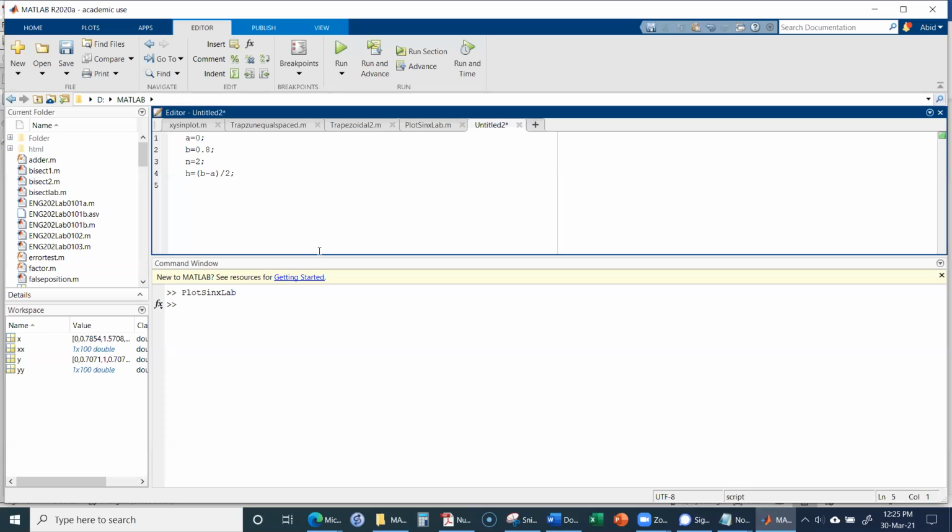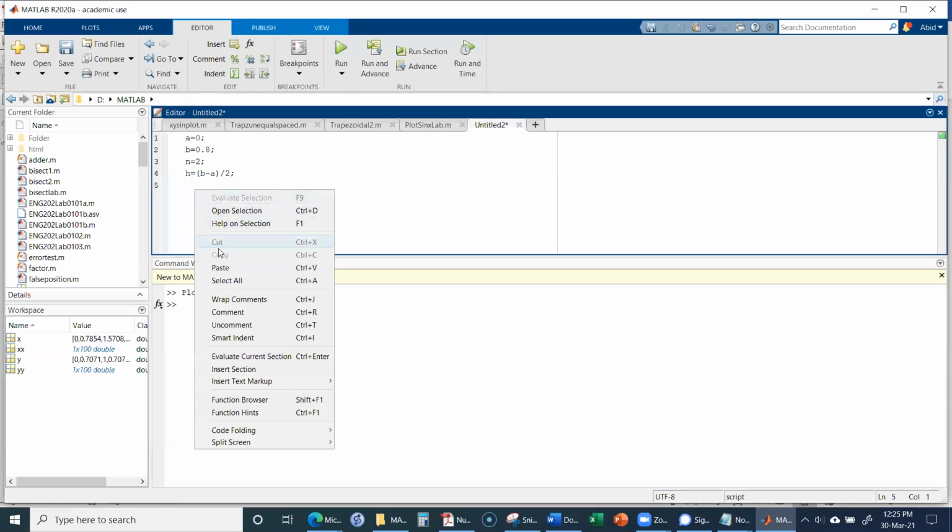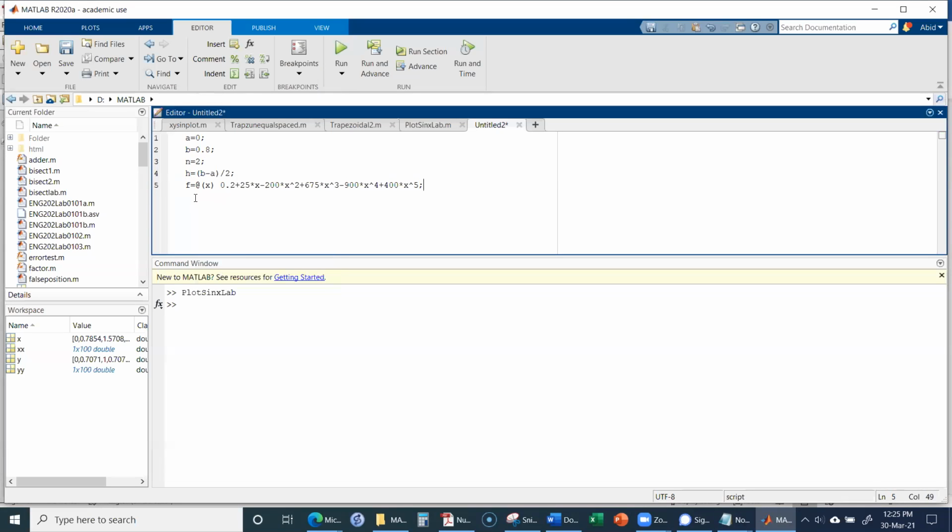And then we can define the function. The function is this. We can define it in terms of x, 0.25 and so on, and write this function like this.